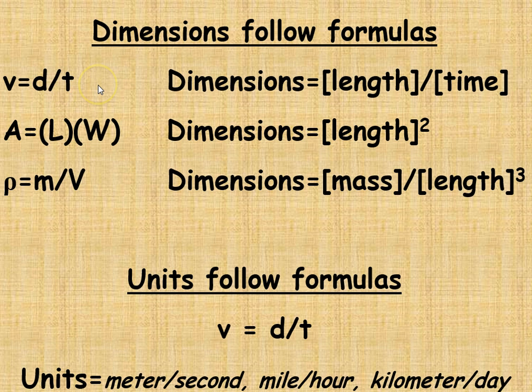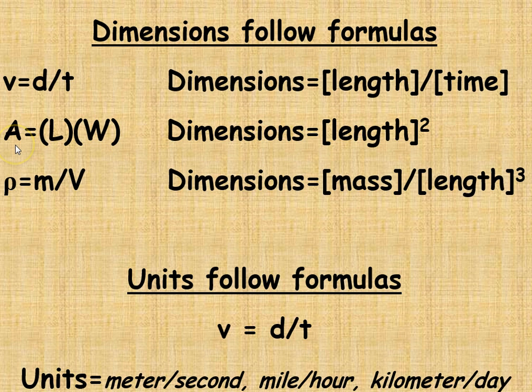That's a very basic formula for motion. The dimensions of that relationship would be the dimensions of length over time, because displacement is a length and time is time. So the dimensions of velocity are always length over time.